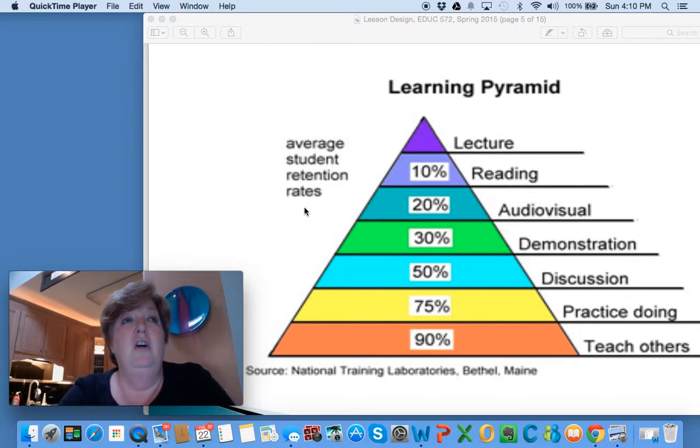Just talking and disseminating information is not going to translate into much student retention. Notice the more and the more deeply that they engage with the content and with the skills you want them to learn, the higher the likelihood that they're going to retain what you're trying to teach them.